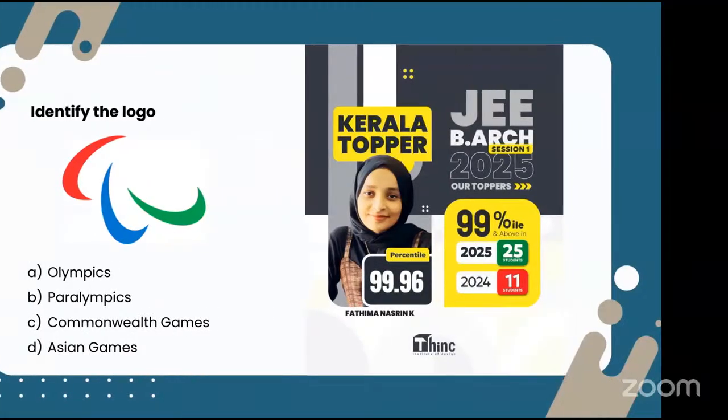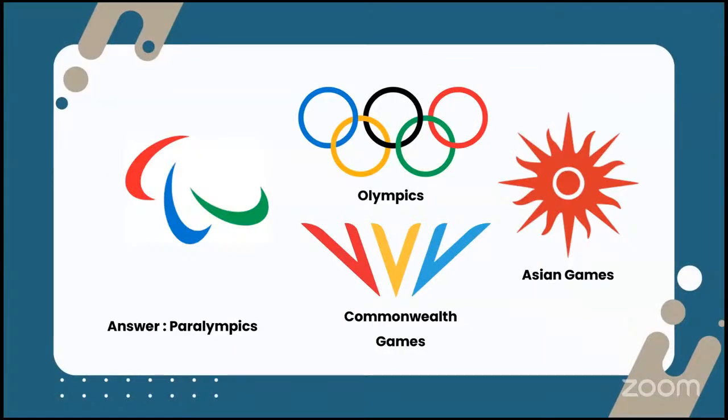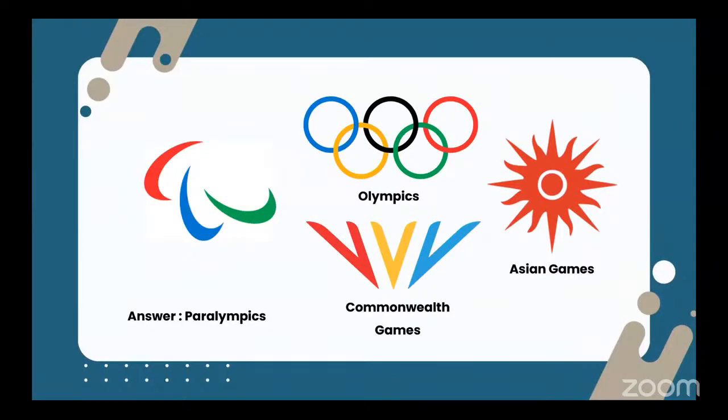This is Paralympics. Yeah, here you can see that. This is actually Paralympics. This is Olympics, the very famous five interlocking ring symbol, which represents the five continents.